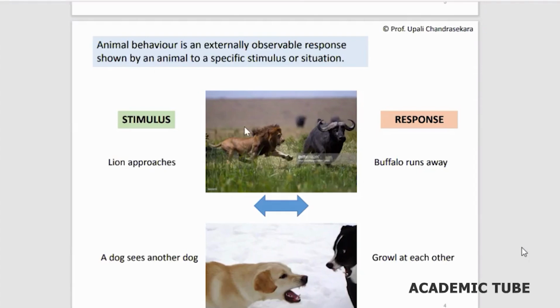Now, there is a very big field in biology known as ethology. Not only ethology, there are many other fields. For example, endocrinology. That area studies the hormones of animals, right? Then ecology studies the interactions between animals, plants, organisms and their environment. That is ecology, right?